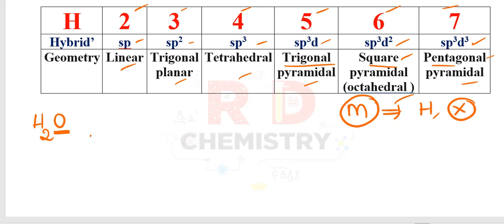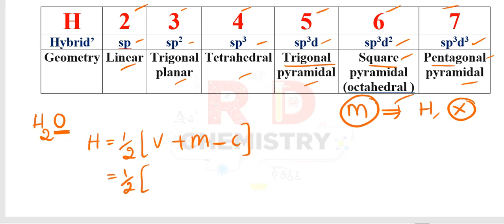So hybridization H is equal to half into (V plus M minus C). So half into valence electrons of the oxygen family, which is 6. Hydrogens are the surrounding monovalent atoms, 2. Charge is not there, 0. So the number is equal to 4. So it is sp3 hybridized.